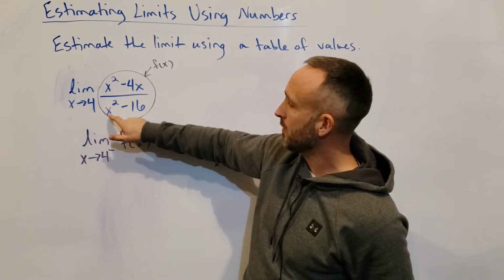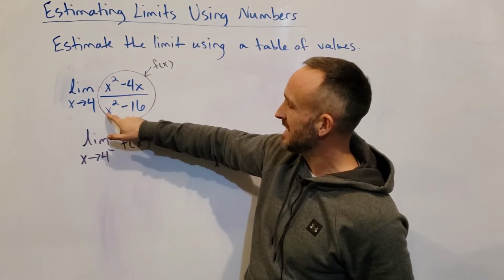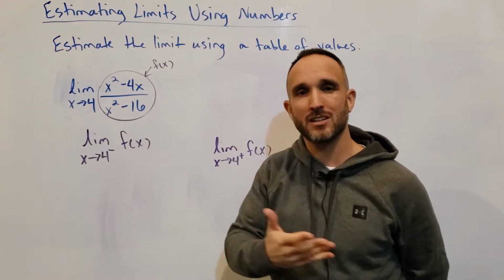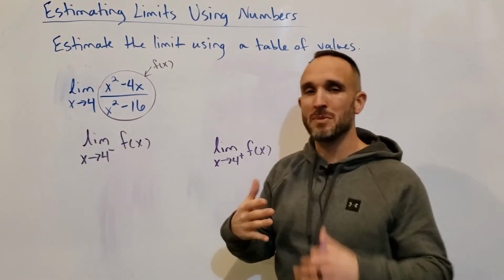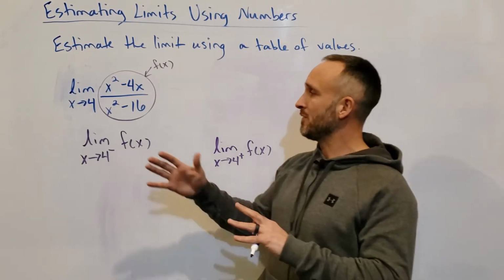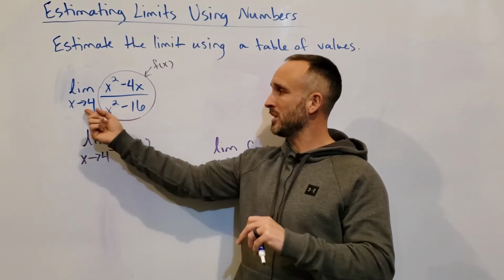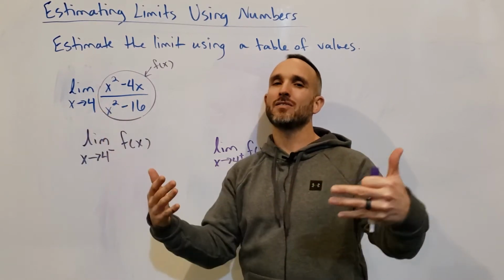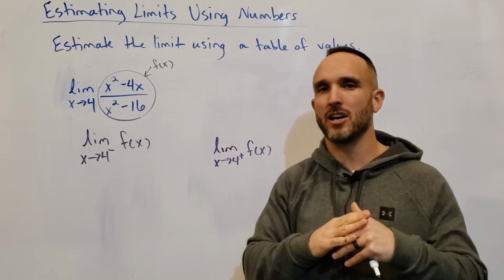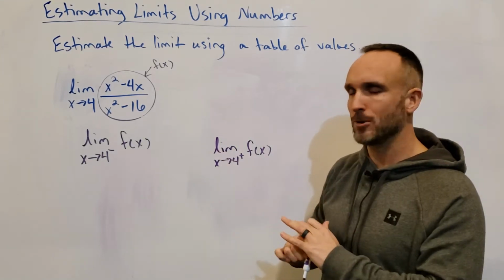If you plug in 4 for x, you get 16 minus 16, which is 0 on the bottom, and you can't divide by 0. So to me, that's what limits are really useful for many times: if a function does not have an output at a particular input, why not look at values infinitely close to that, to understand what happens near that x value? And that's what we're going to figure out here, okay?